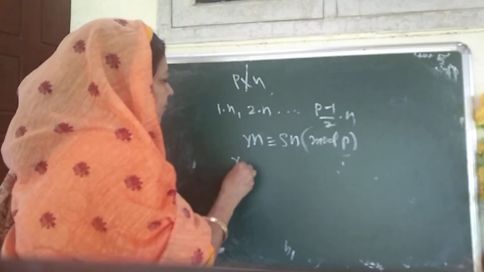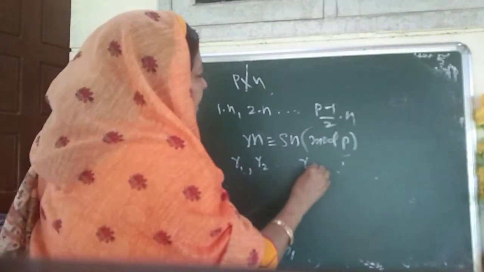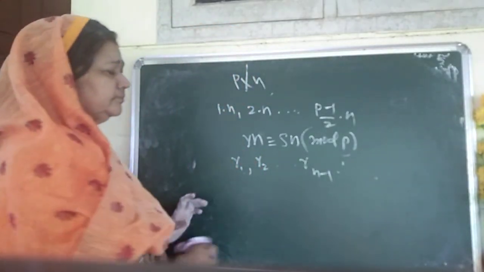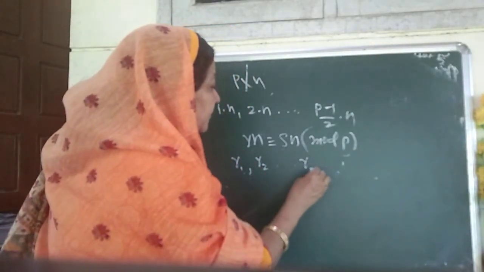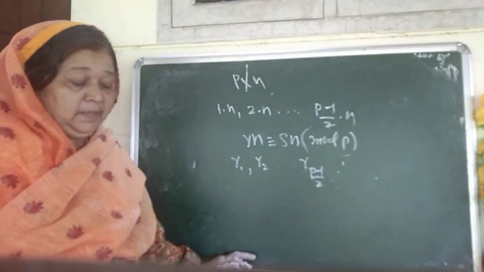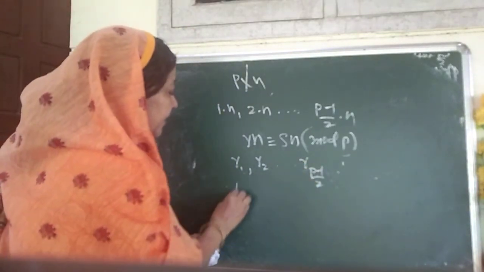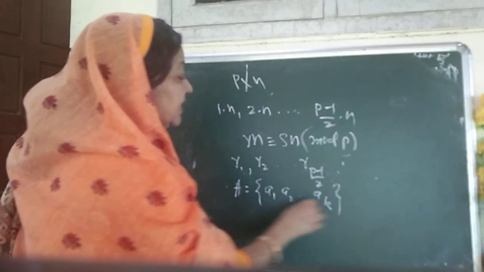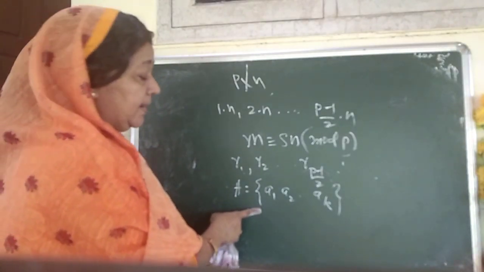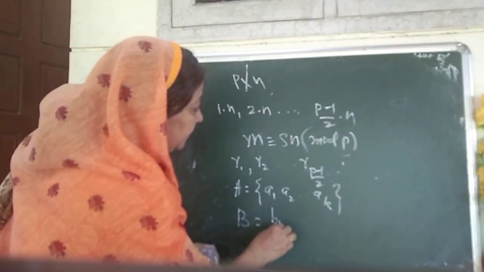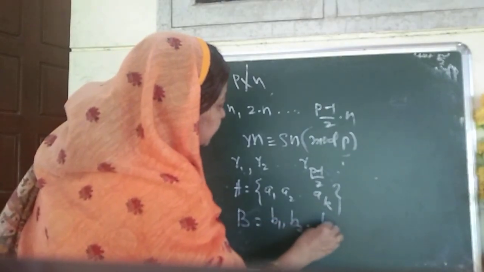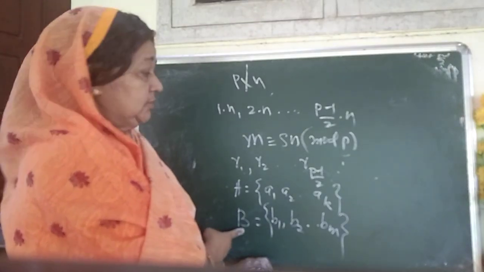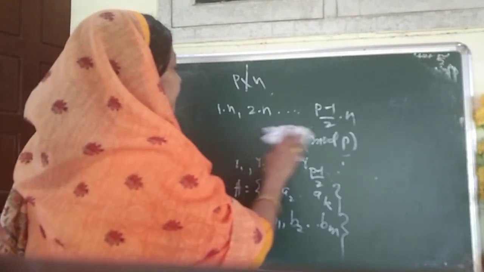Let them be r1, r2, etc., r((p minus 1)/2). Then let A equal a1, a2, etc., ak, which are less than p/2, and B equal b1, b2, etc., bm, such that the elements of B are greater than p/2.